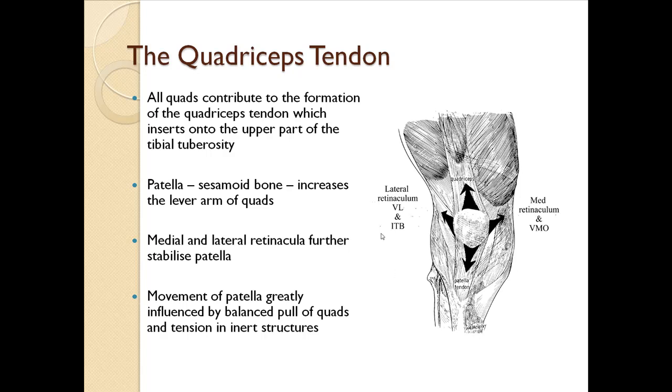But it is then passively stabilized by other structures such as the medial retinaculum and the lower fibers of VMO, the lateral retinaculum and the anterior fibers of the iliotibial tract or iliotibial band. The balance of all of these structures is important for normal tracking of the patella.